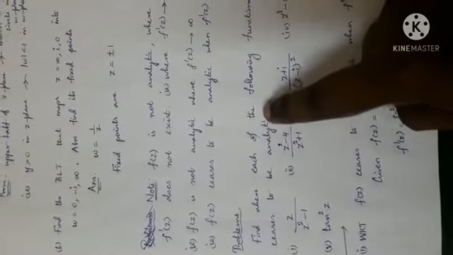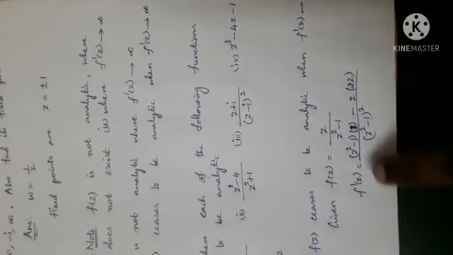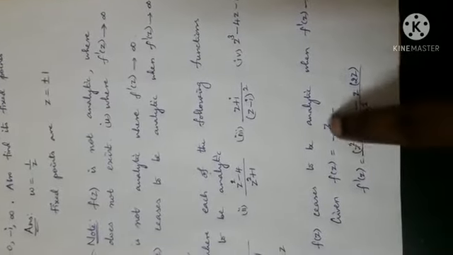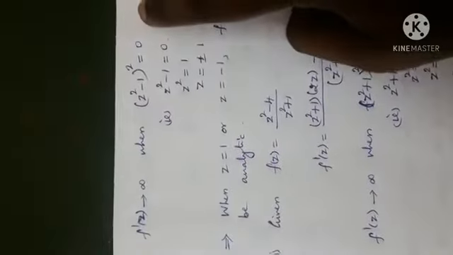Find where each of the following functions ceases to be analytic. That is, where f of Z is not analytic is the question asked. So f of Z is given, and we know the remark says a function ceases to be analytic when f dash of Z approaches infinity. Find f dash of Z. f dash of Z will become infinity when the denominator is 0.